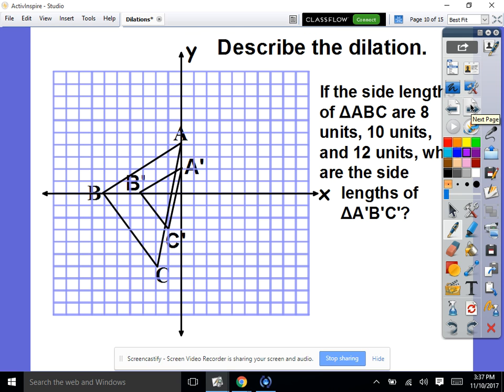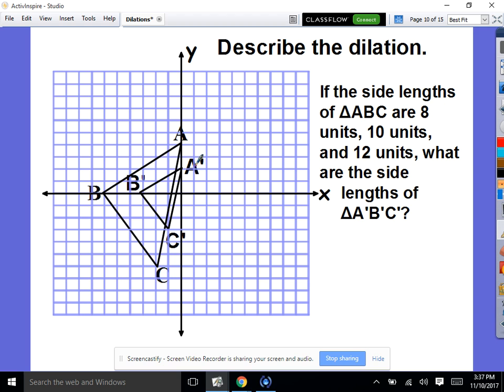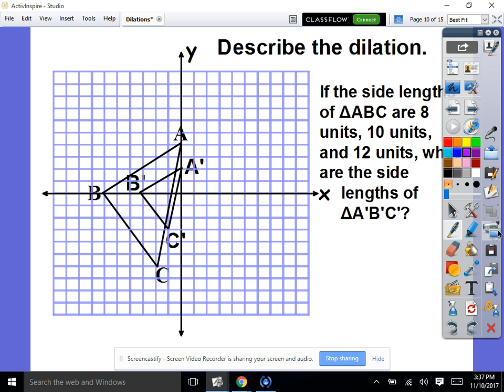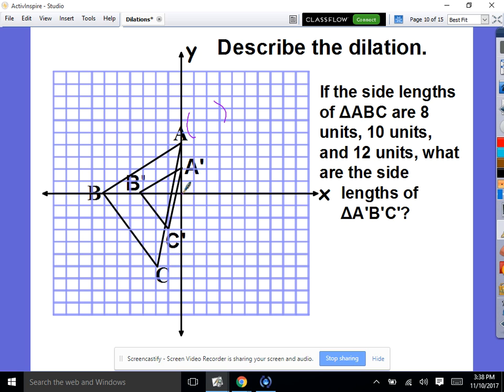All right, describe the dilation. Well, we can look at triangle ABC, and it's larger than triangle A prime, B prime, C prime. So let's name a couple of these points, our vertices. So A is 0, 1, 2, 3, 4.